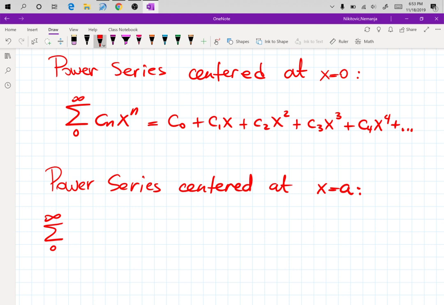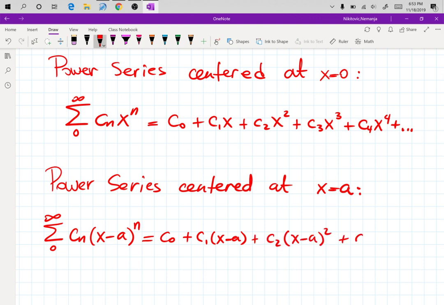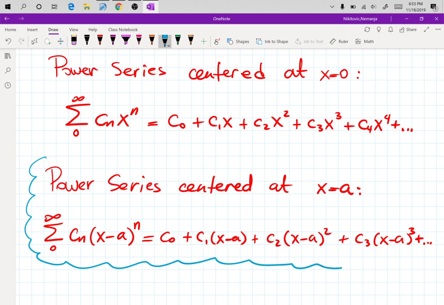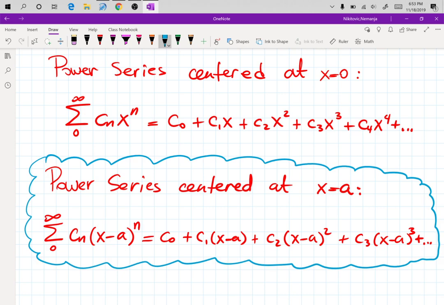Summation 0 to infinity Cn x minus a to the n to give us C0 plus C1 x minus a plus C2 x minus a squared plus C3 x minus a cubed ... going to infinity. And I am going to put this one on a cloud, even though the other one you are going to see a lot of it as well. But generally for calculation and much of your engineering stuff, you might be using the one that is centered at a. Well, I mean, you can put a equals 0 and you just get the one on top.